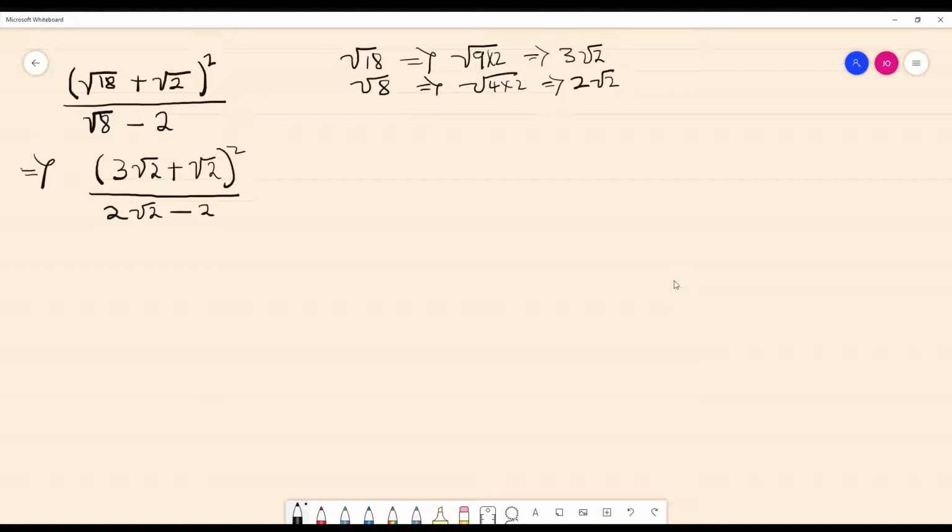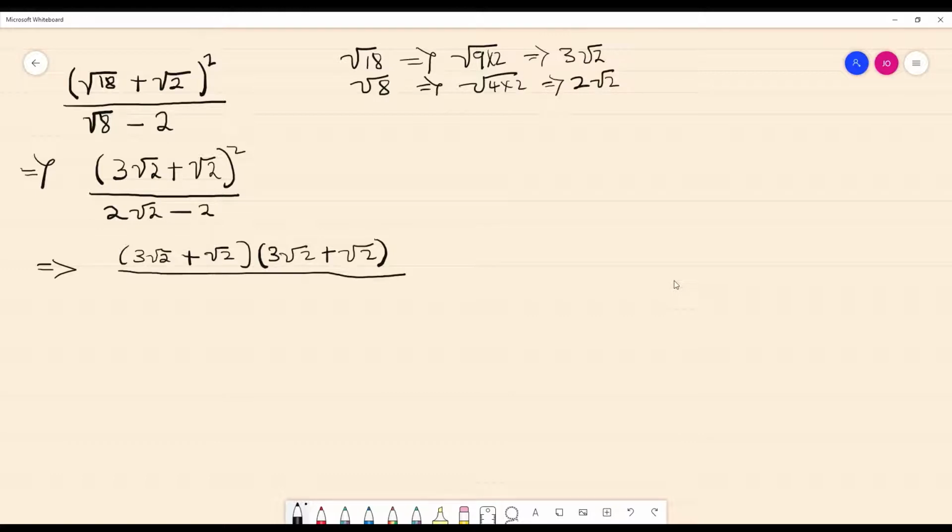So we can actually work this further by expanding the numerator. To do so, we have 3 root 2 plus root 2, double it, 3 root 2 plus root 2, bracket closed.